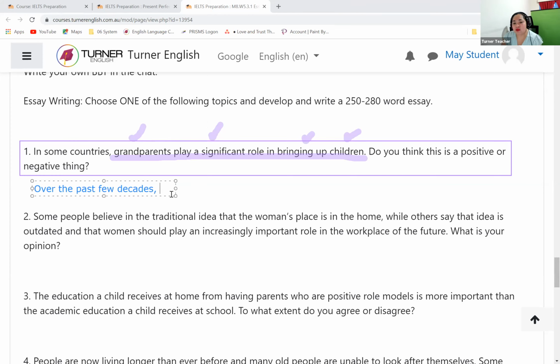You don't just say over the past few decades grandparents play a significant role in bringing up children. We want to paraphrase that. You're not just simply copying that.